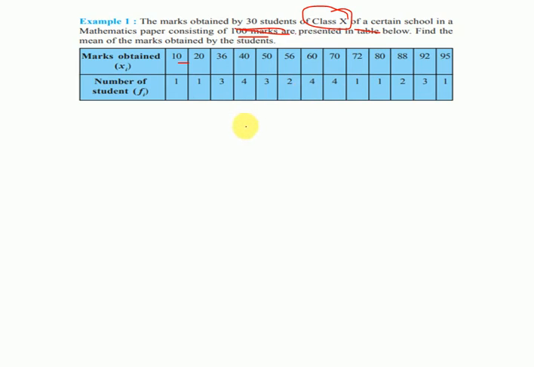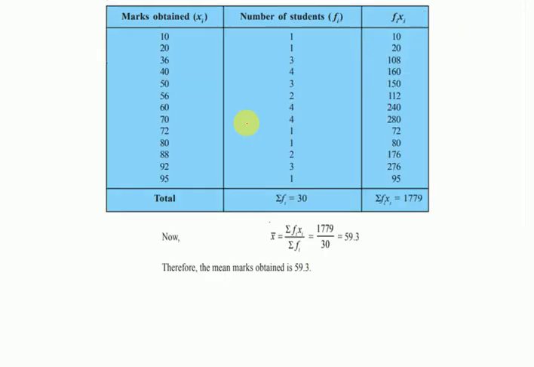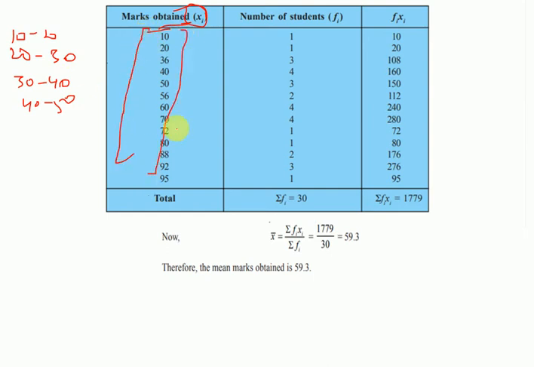Here we are already given xi. Normally the question would be like 10 to 20, 20 to 30, 30 to 40, but we are given marks obtained, which means we are already given the class mark. And number of students is the frequency.